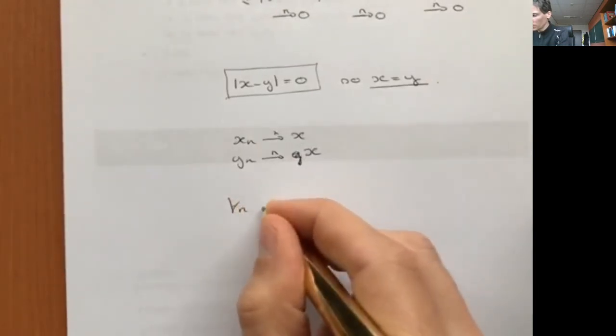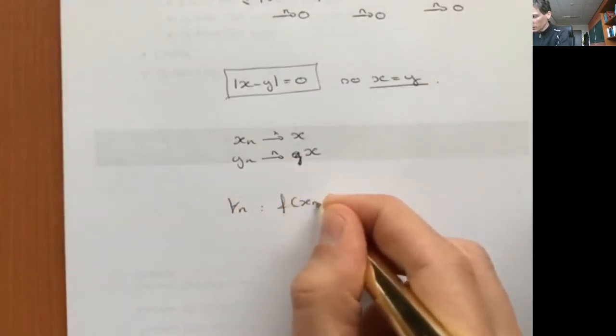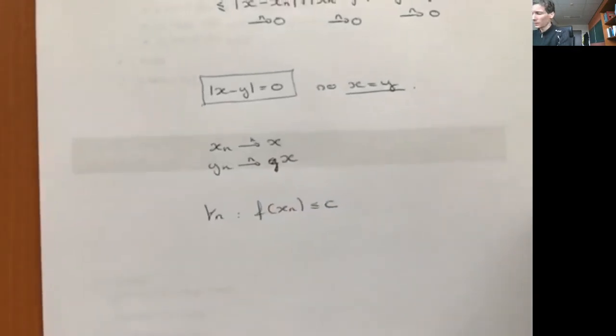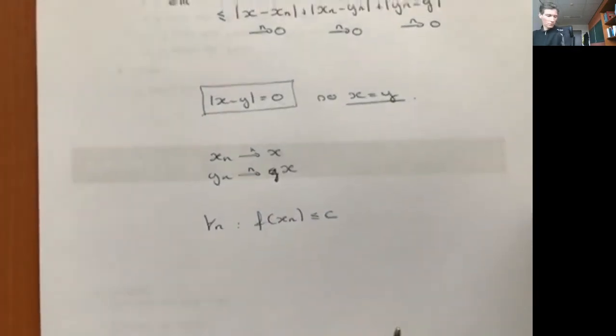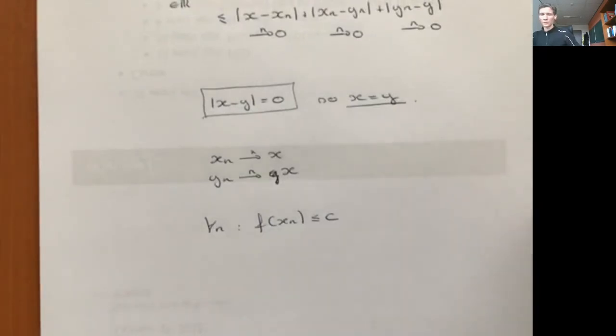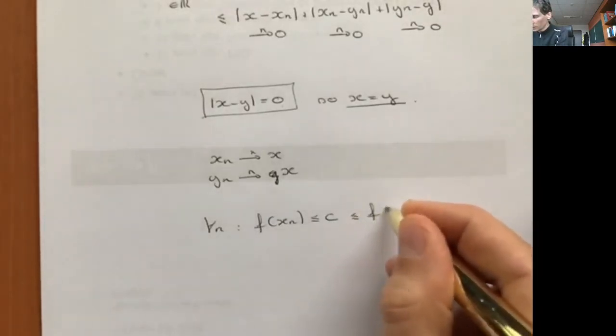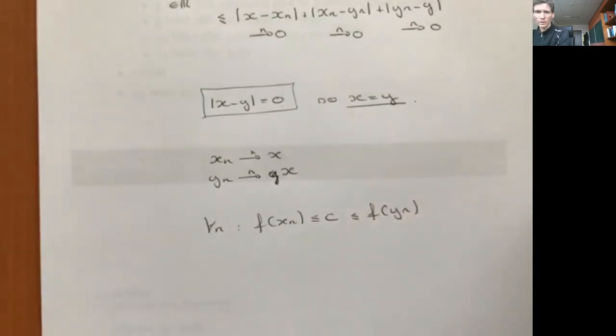This is not so difficult. For all n, we know that f of xn is lower or equal to c. This is just by the construction of our sequence of x's, which had the property that the function value was always below c. And we also know that all the y's have a function value that's greater or equal to c.